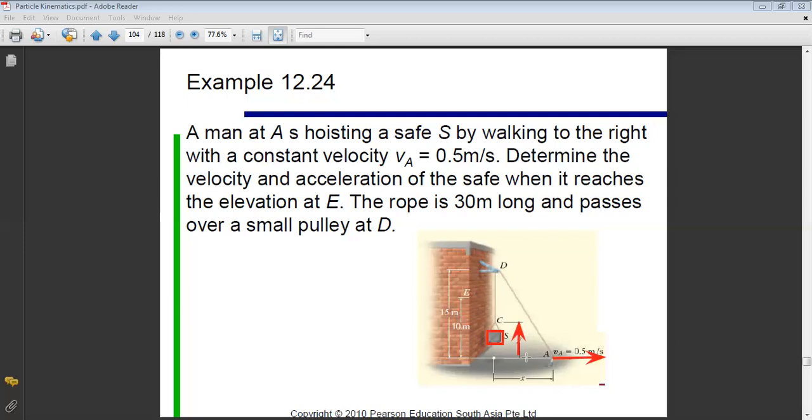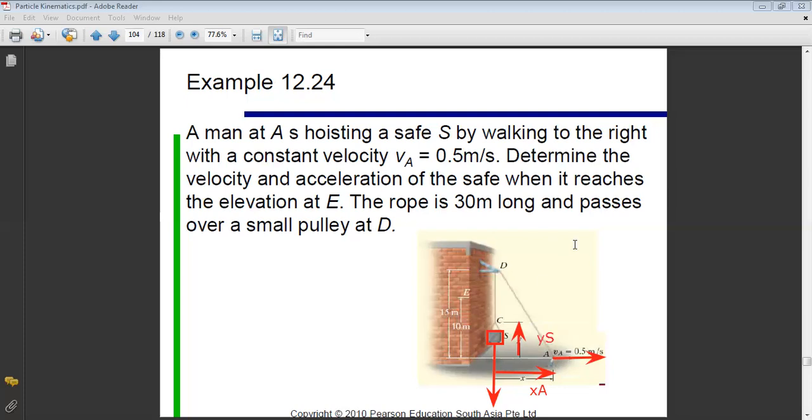While A is moving in the horizontal direction, so I will take for A a certain reference line, let's say here, and this is x of A, which represents the coordinate of A. And this is y of S. Y of C or y of S, it doesn't matter because they are moving together.